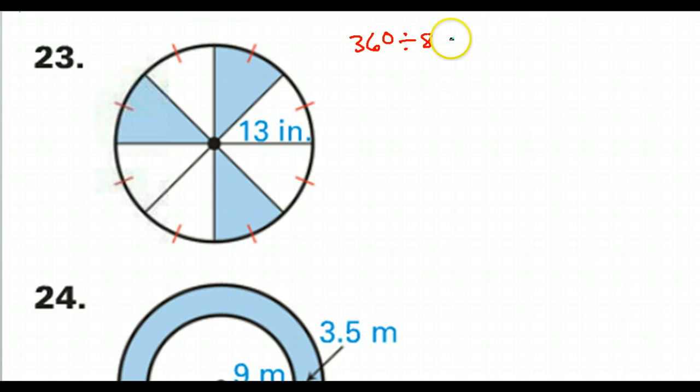So if I do 360 divided by 8, that turns out to be 45 degrees. Or I could have done 180 divided by 4 if I look at a semicircle. Either way, each one of these sectors is 45 degrees. So that means the 3 sectors that we are paying attention to are each 45 degrees.